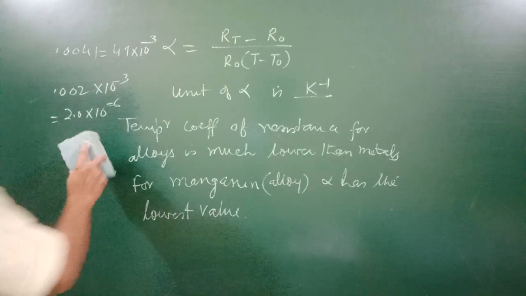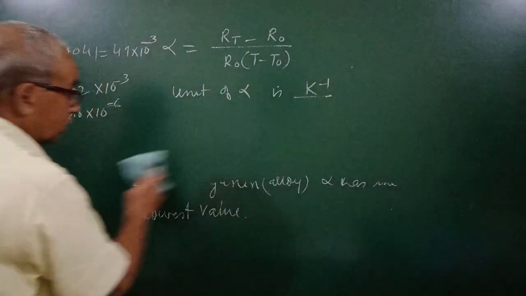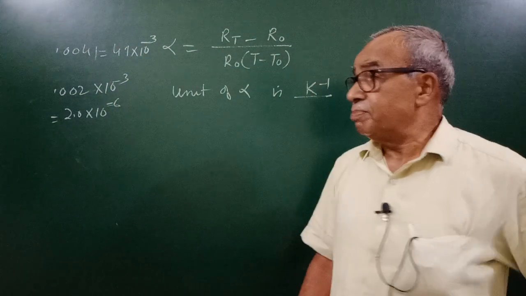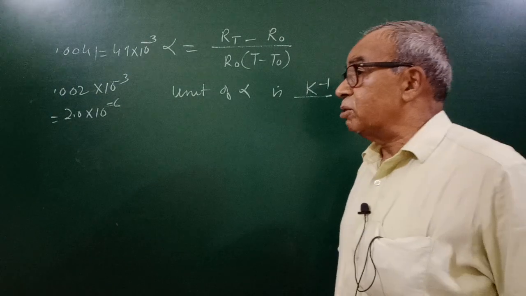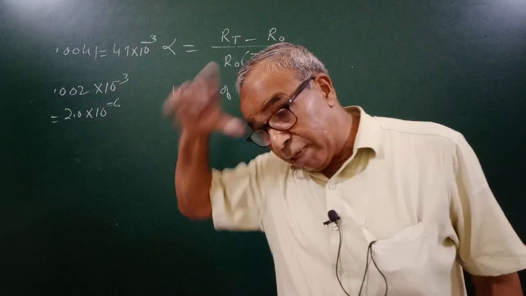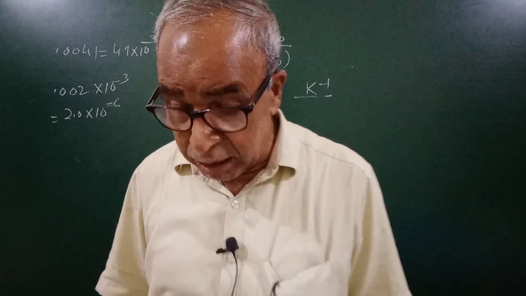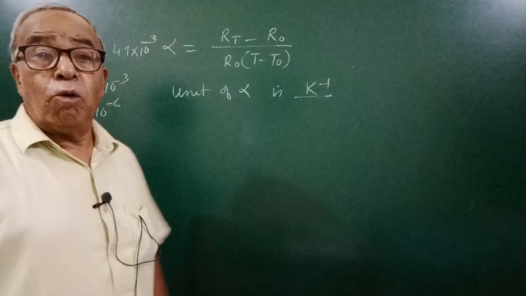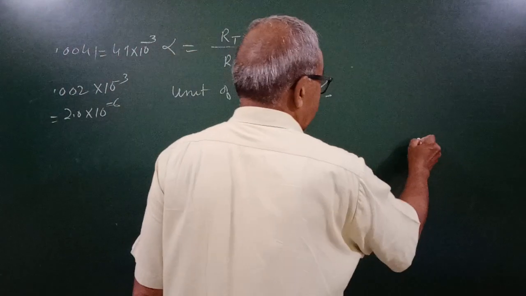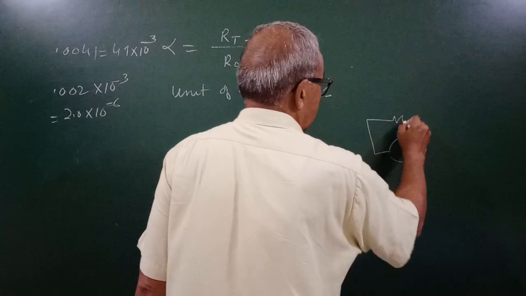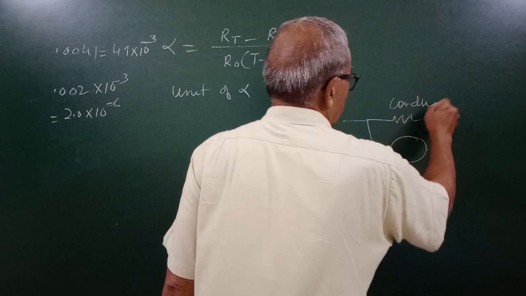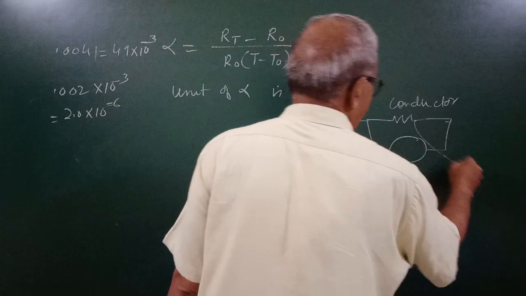So the alloy manganese has a very low value; we can say its resistance does not increase significantly with the rise of temperature. That is why in a lab, while verifying Ohm's law, the conductor used is a manganin wire.